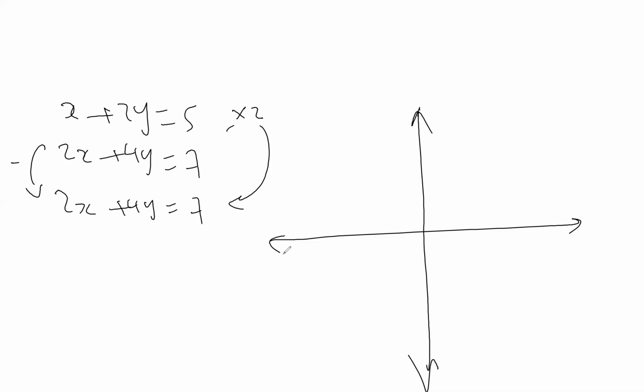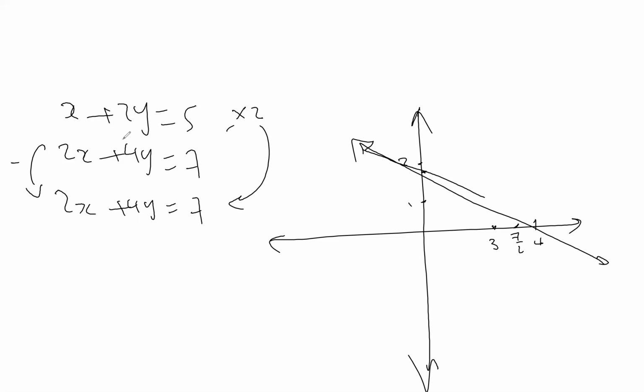So try to graph these two equations. The first one has x-intercept 7 over 2, which is between 3 and 4, and y-intercept 7 over 4, between 1 and 2. This is the first line. What was the second line?